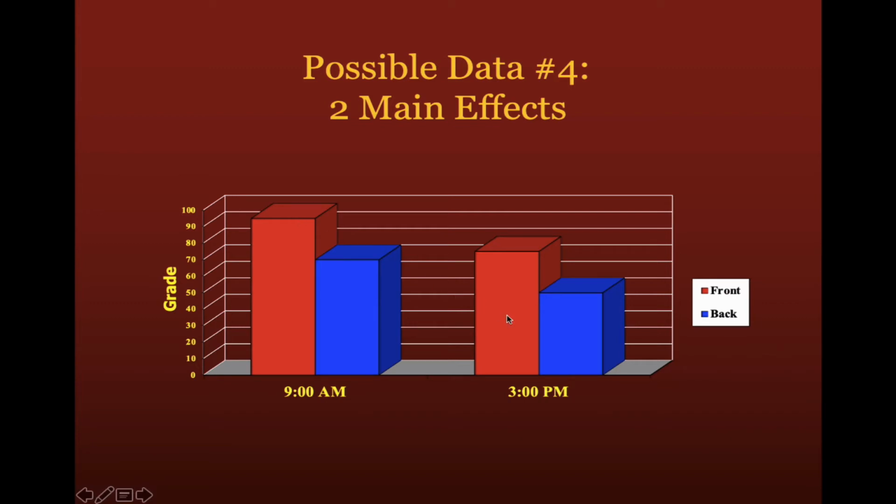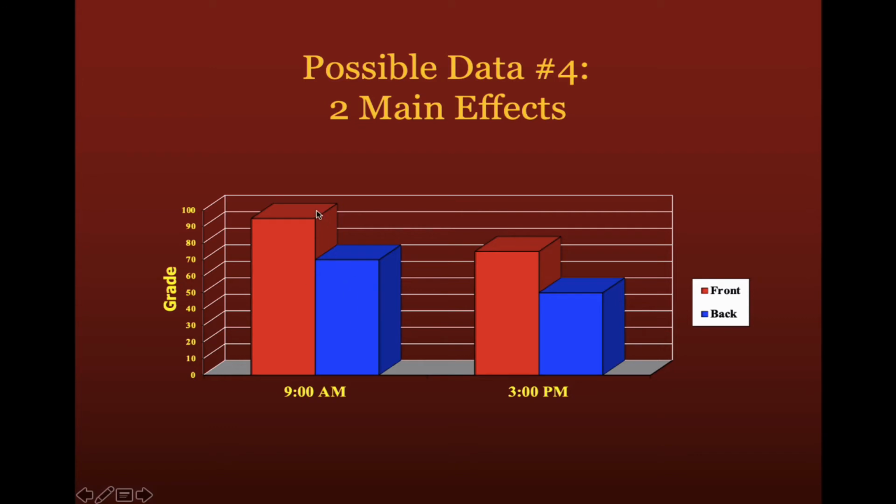So if we're looking for a main effect of seating location, we take the average of our two red bars, which are the fronts, right, and that would give us 82.5, and we compare it to the average of our two bars for the back, which are blue, which was 62.5, and then we could say we had a main effect of seating location such that students in the front, M equals 82.5, had higher grades than students in the back, M equals 62.5. If we're looking for a main effect of time of day, we're taking the average of our 9 o'clock.